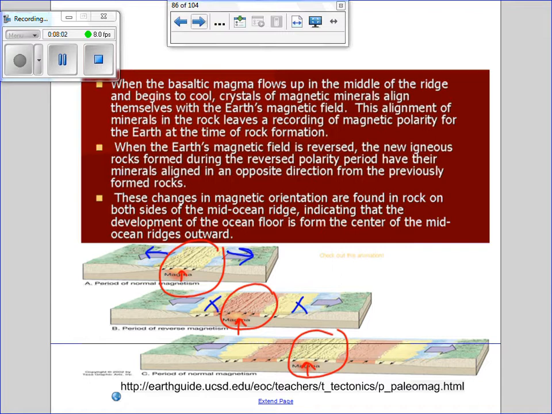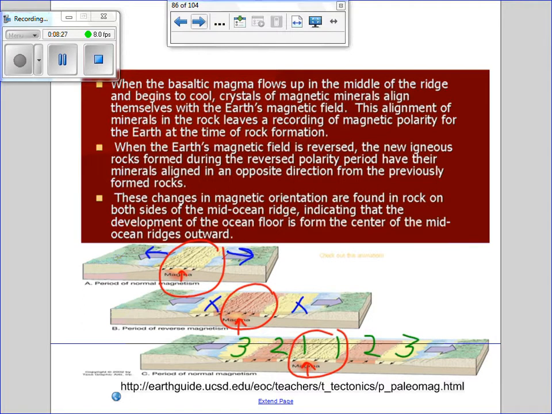And what you see is if you go on either side of that ridge, you see minerals in the rock pointing towards the north, minerals pointed towards the south, minerals pointing towards north. Go on the other side, you see minerals pointed towards the north, you see minerals pointed towards the south, and you see minerals pointed towards the north again. So you see the same exact pattern on either side of the ridge.